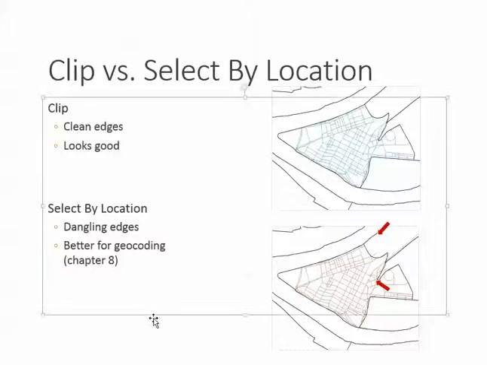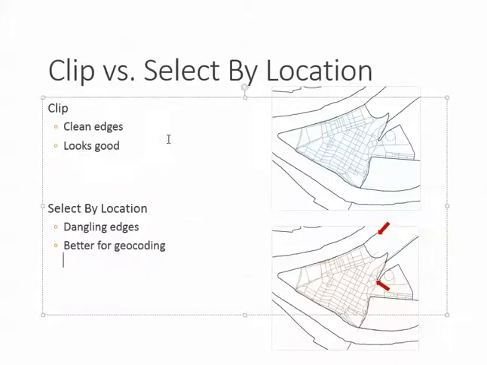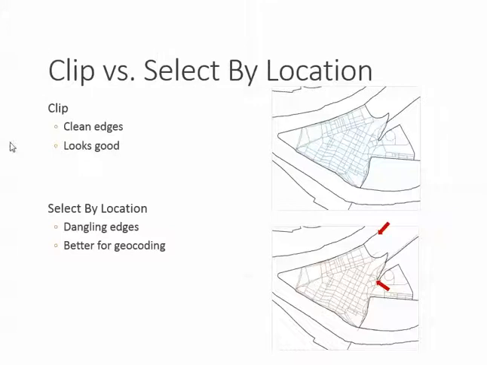It's over here. So just be very mindful when you're creating new layers based on a clip, or based on select by location. For instance, if you're geocoding, and we're not using the book, so we're not going to get into a chapter on geocoding, but if you were geocoding and say an address fell on this street segment here that is just outside your area of interest, that address wouldn't geocode because you clipped it out.